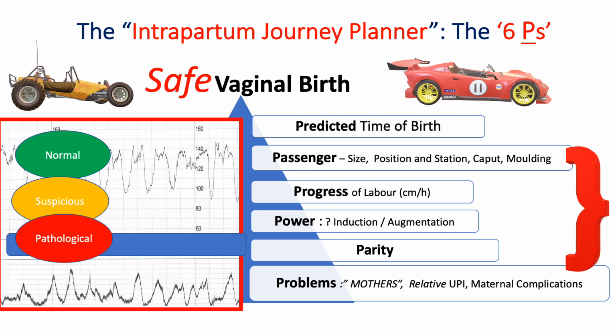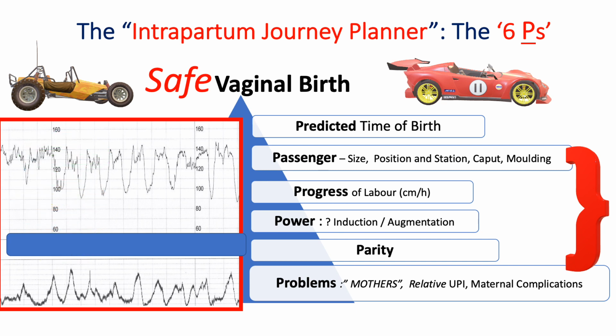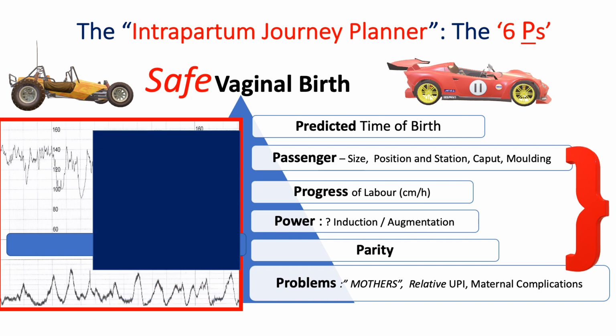And to predict the time of birth, we need to use all our examination findings and the clinical picture. So instead of using normal, suspicious, pathological, physiological guidelines, we will be using the type of hypoxia that we see on the CTG trace. We'll be determining the fetal response to hypoxic stress. How is this fetus?